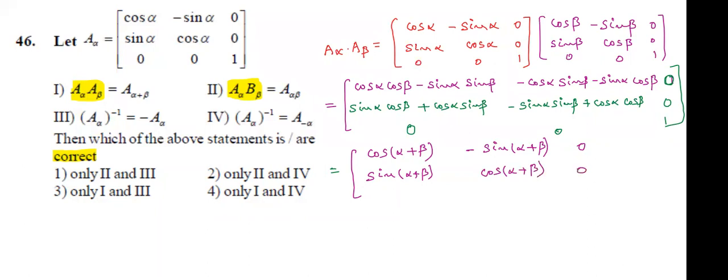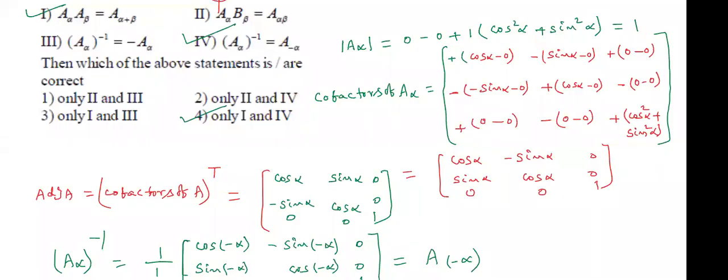Next 0, 0, 1. Observe here, the same matrix with alpha plus beta in place of alpha, so we can write A of alpha plus beta. Which option is correct? First option correct. Students, have you understood?